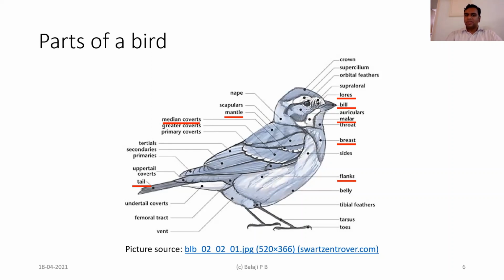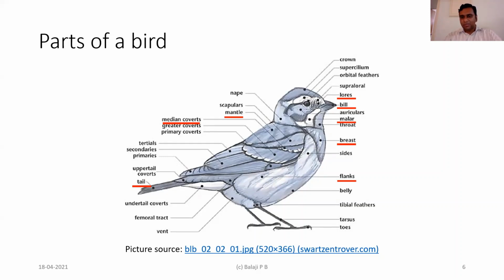The lore is nothing but the area between the bird's eye and its beak. And the bill or the beak of the bird, the malar stripes. The malar stripe is a stripe which extends from the beak to the throat.